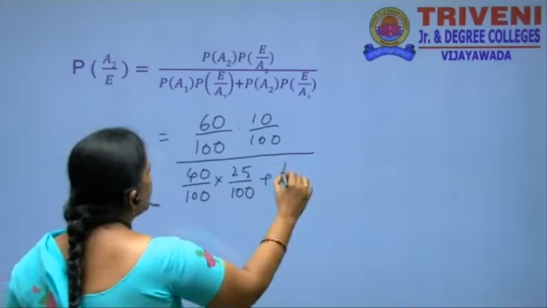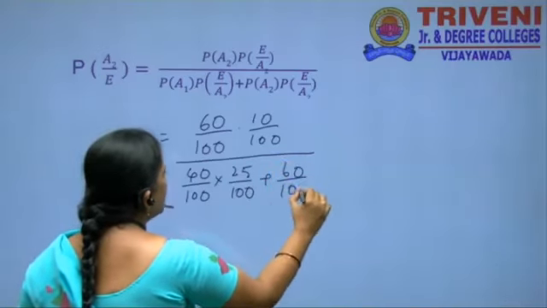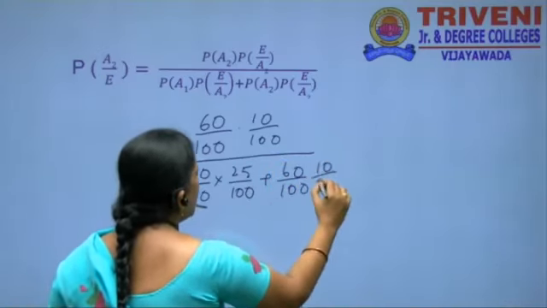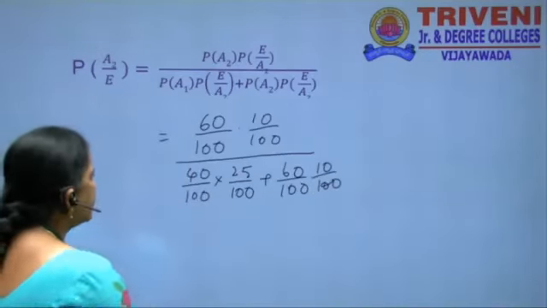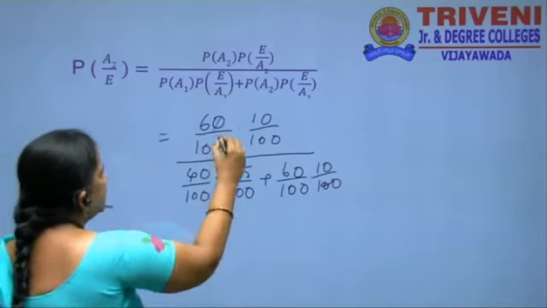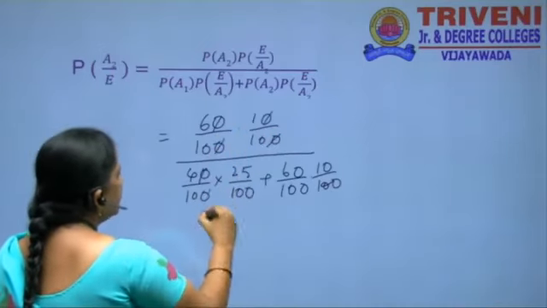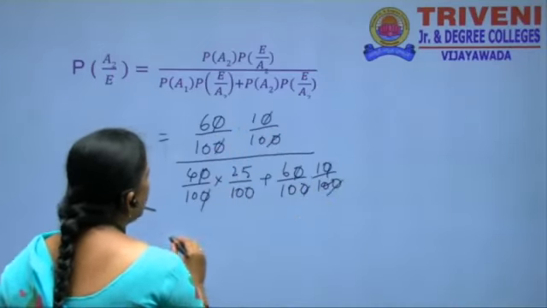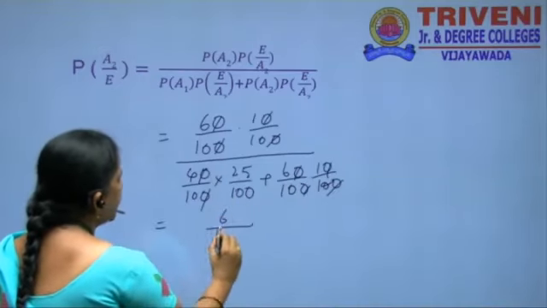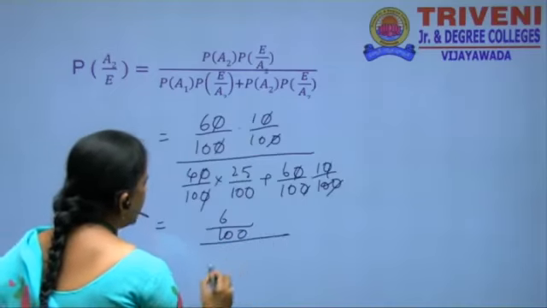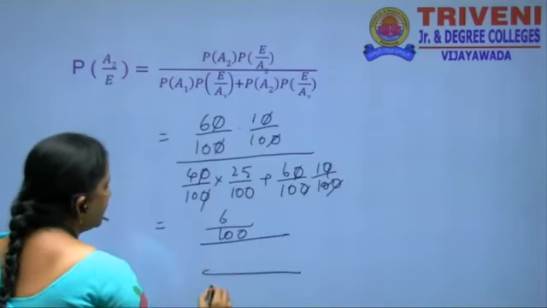Plus P of E2 is 60 by 100 and P of A by E2 is 10 by 100. Here we have to cancel like this. We have to find the value of 6 by 10 into 10, 100 by here 10 into 100.